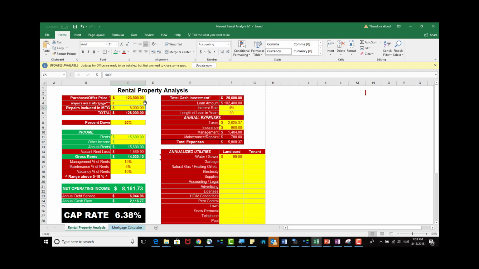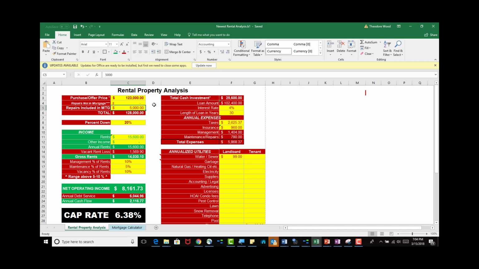That's difficult to do unless you could find a way to, the banks won't lend you that money. If you're going for a traditional mortgage, you pretty well are going to have repairs that are not included in the mortgage. I don't have those here. This particular student has the cash to play this game and has a line of credit to pay for the repairs and then put it into the mortgage.